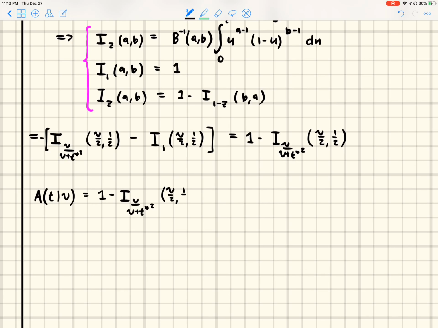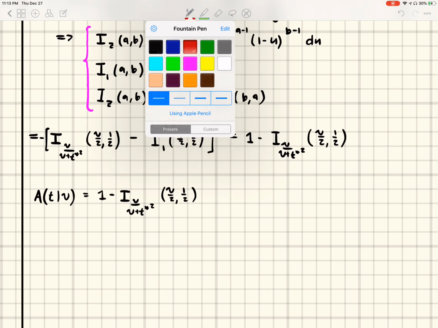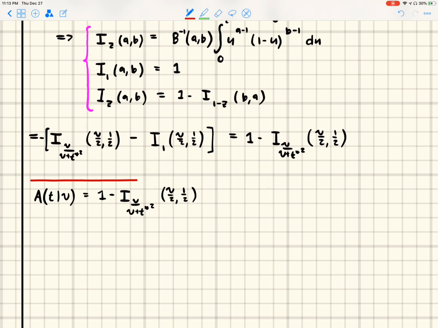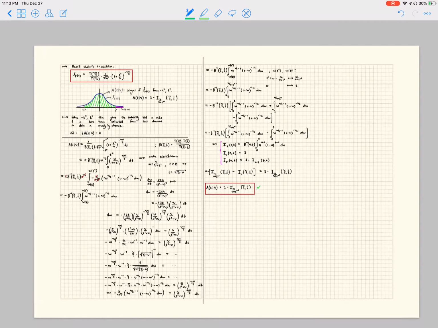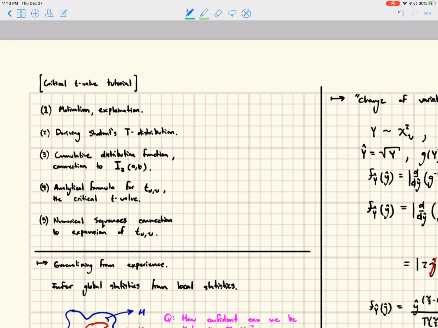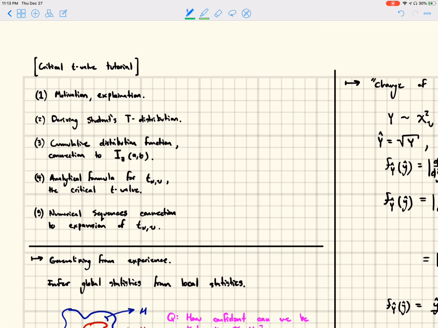And the derivation of this is actually not too obvious, but here it is. We did it. And indeed, it's correct. So this is going to help us in the next section where we look at an analytical formula for that critical t value.